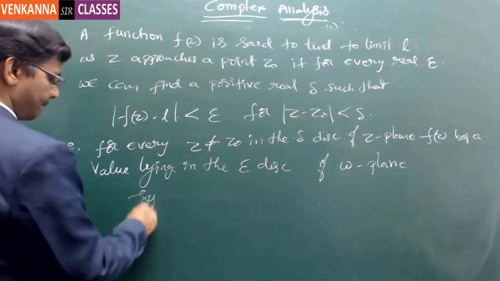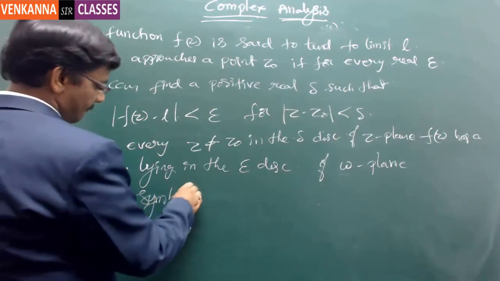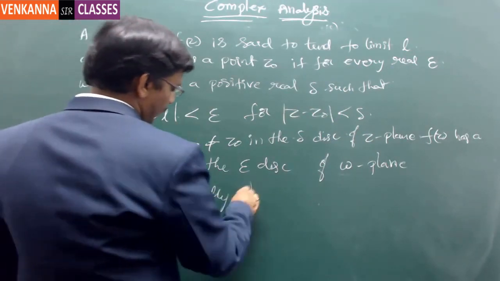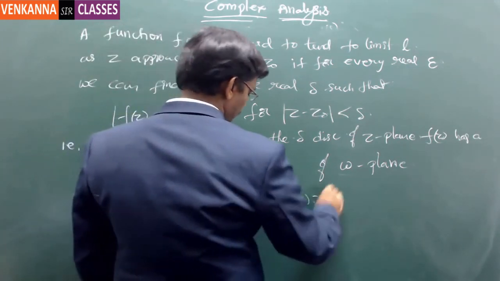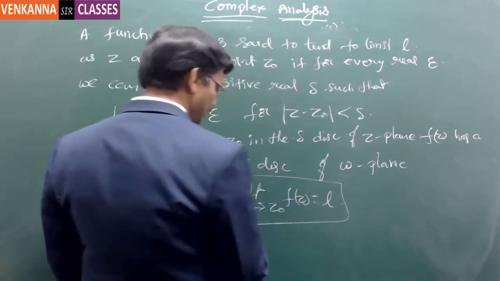Symbolically, limit z tends to z0, f of z is equal to L. So this is the definition of the limit.